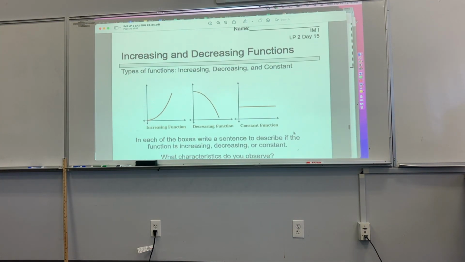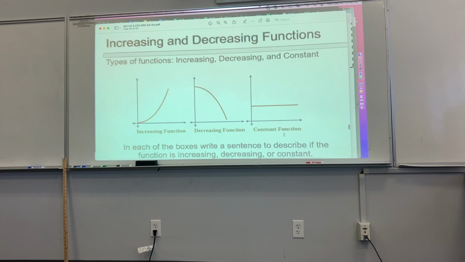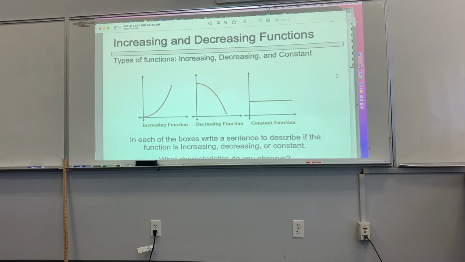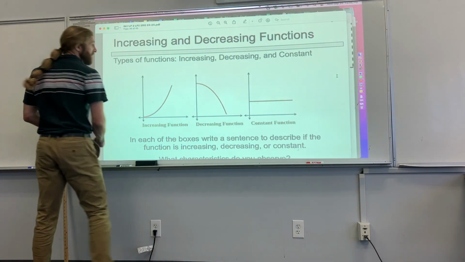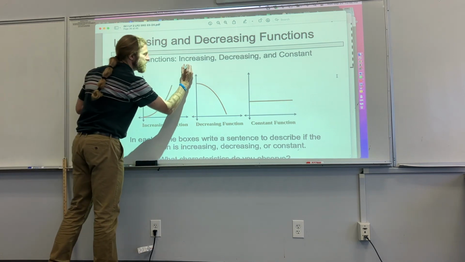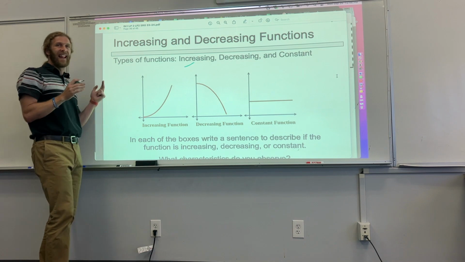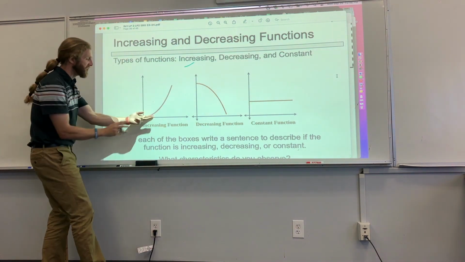All right, so first, very simply, there's three types of things that can happen with a function. It's going to be increasing, it's going to be decreasing, or it's going to be remaining constant, staying the same. Increasing line, as long as it's got a positive slope from the left side to the right side, if it's gaining in altitude, it's going to have an increase in the function.